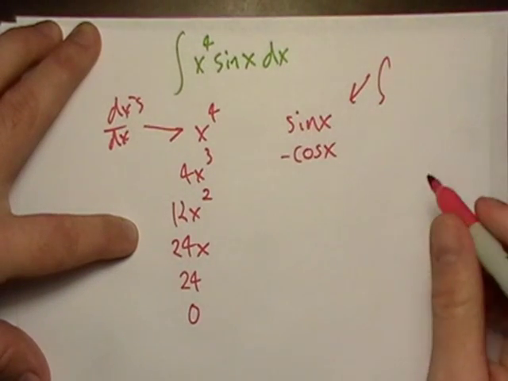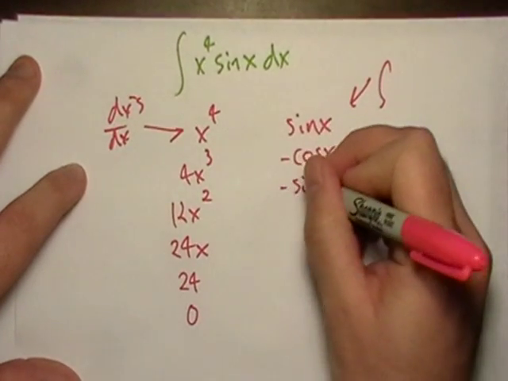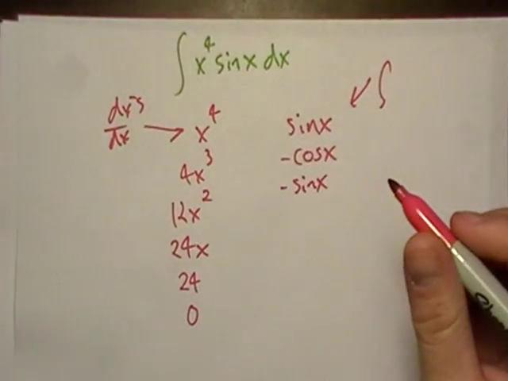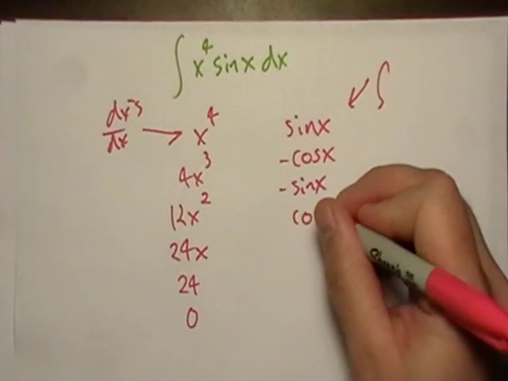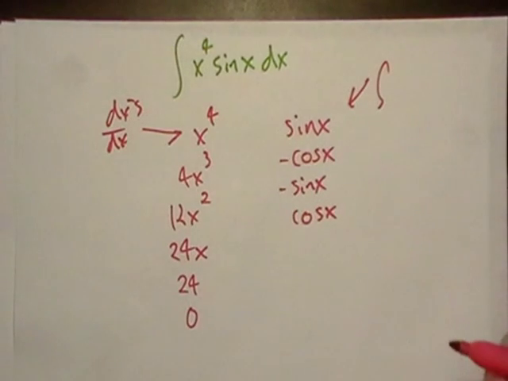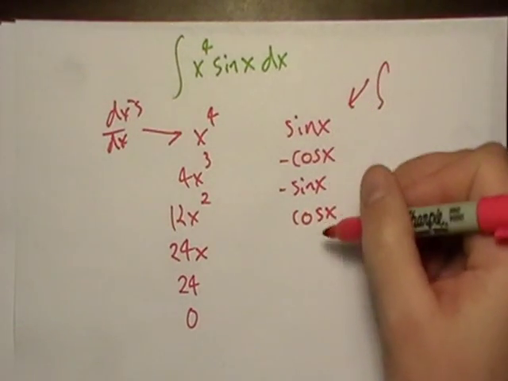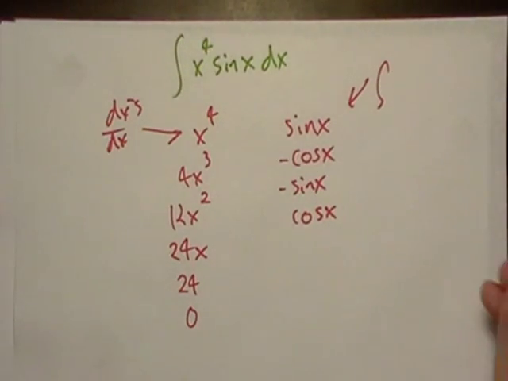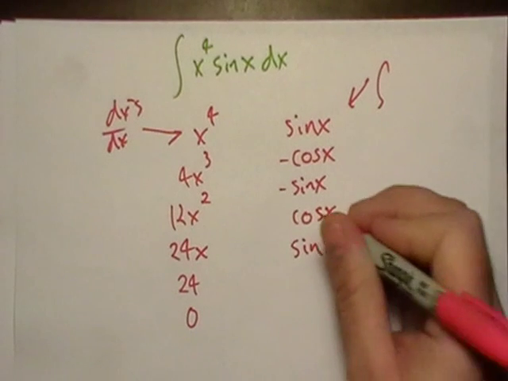I got negative sine x right there. What'll give me cosine is integrating sine of x, and then integrating repeatedly. And the derivative of sine is cosine.